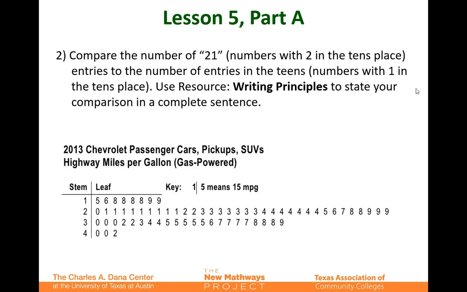It says compare the number of 21s, the number with 2 in the tens place and 1 in the ones place, to the number of entries in the teens. Okay, if we look at the number of entries in the teens right here, we see there's 1, 2, 3, 4, 5, 6, 7, 8. So that's 8 entries in the teens. And in particular, there's 8 entries from 15 to 19.